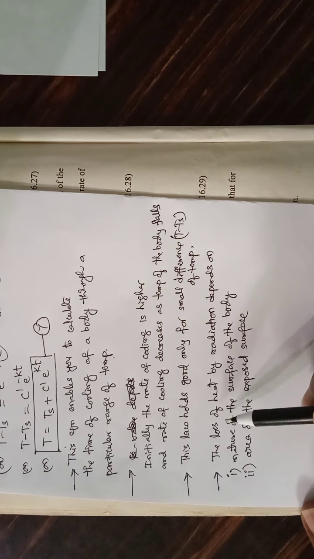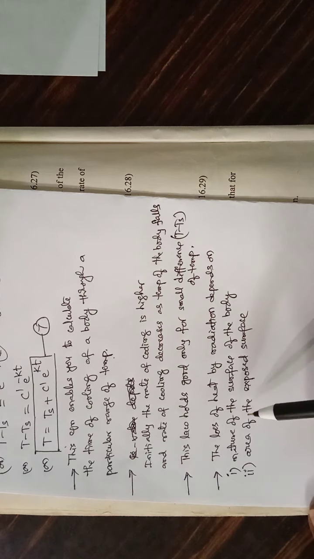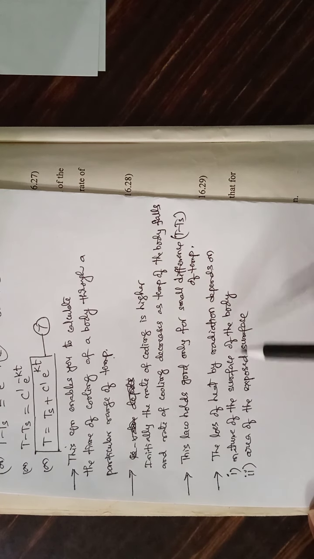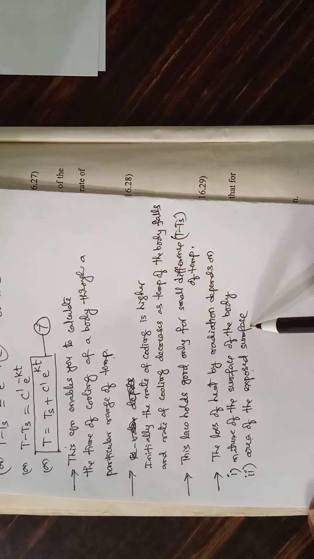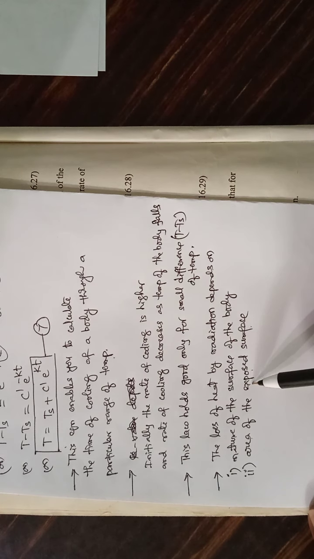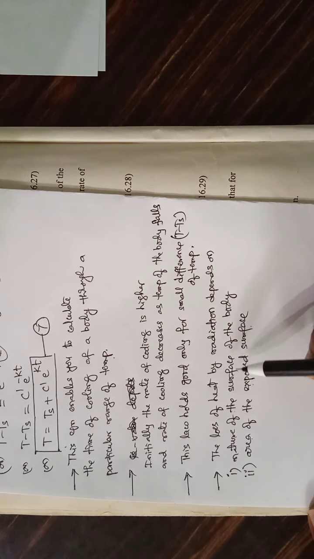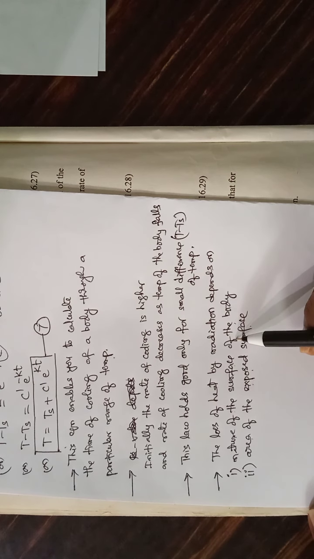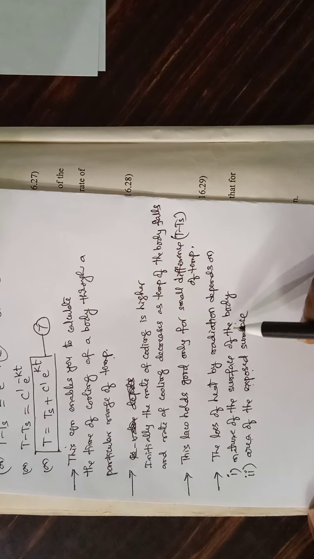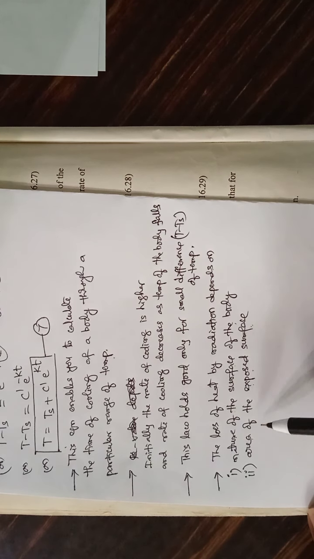Next, the loss of heat by radiation depends upon the nature of the surface of the hot body and the area of the exposed surface. On these two factors, the loss of heat depends. One is the nature of the surface of the body, which in the experiment is hot water, and the second is the area of the exposed surface.